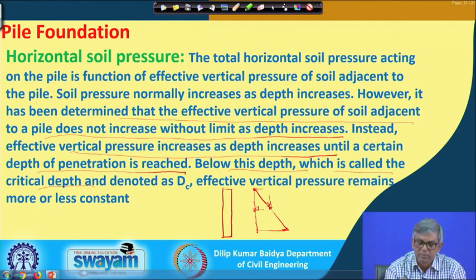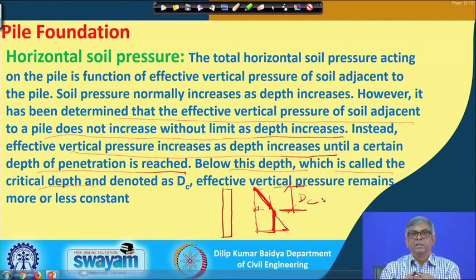So, if the horizontal pressure increases linearly up to here, and from here to here I keep it constant, then the horizontal pressure diagram becomes like this. The depth up to which we consider the variation of lateral pressure is called the critical depth.